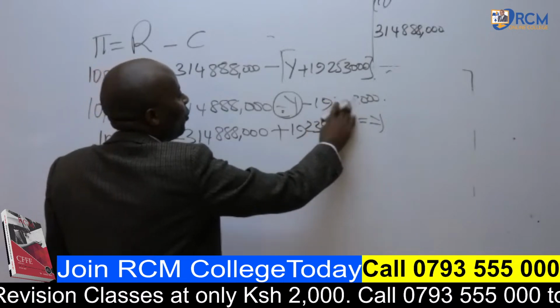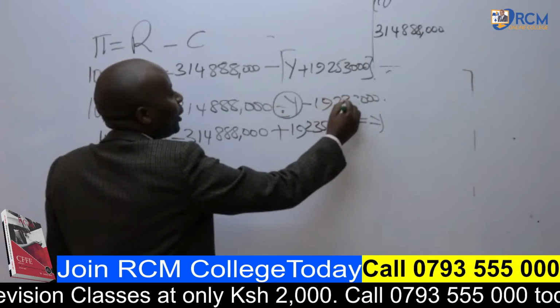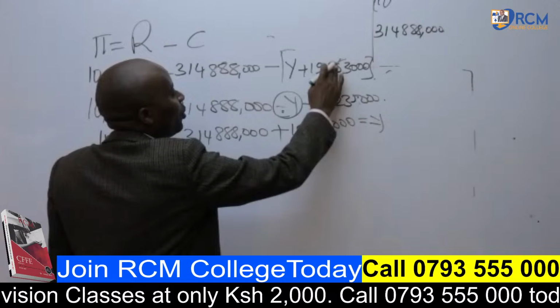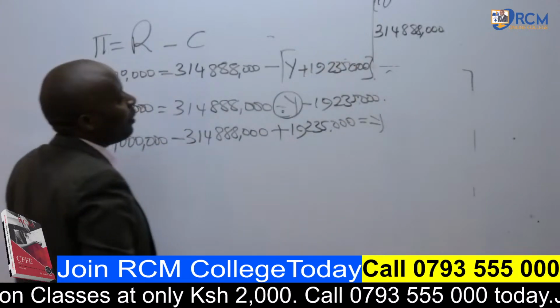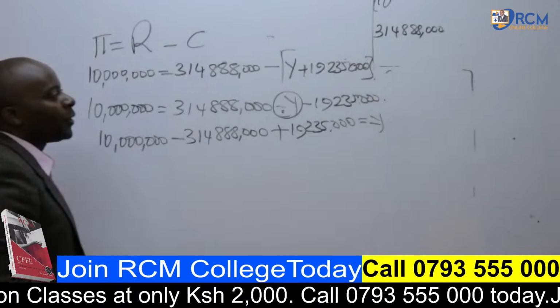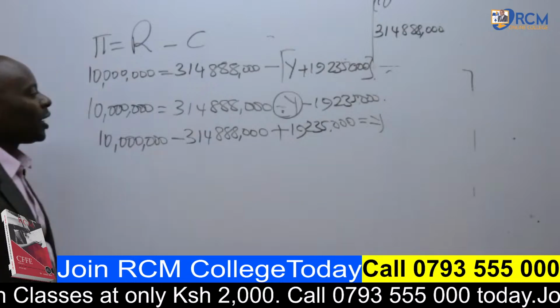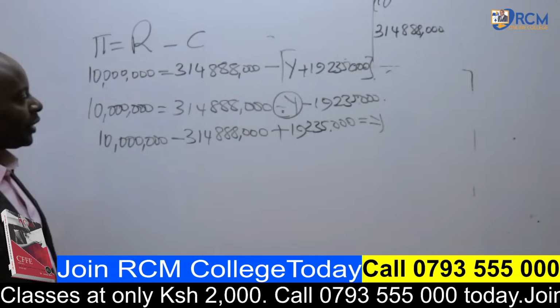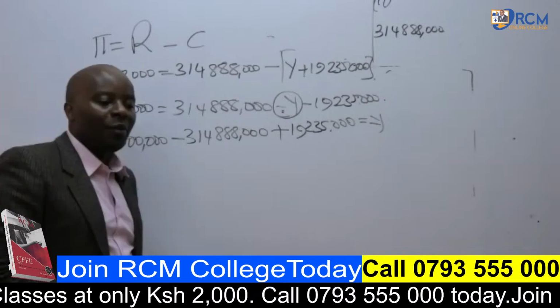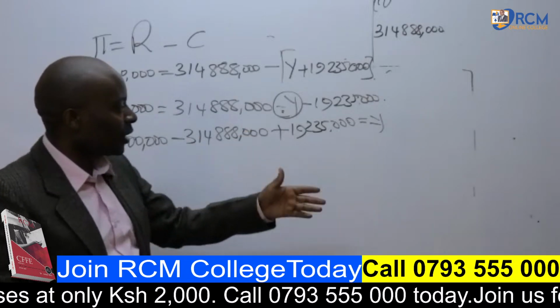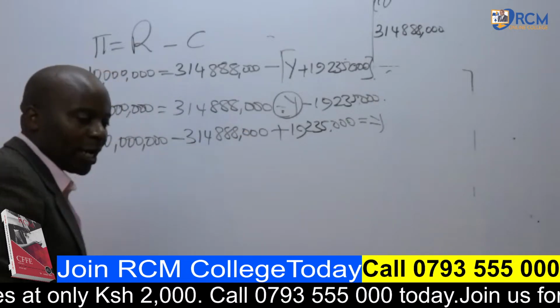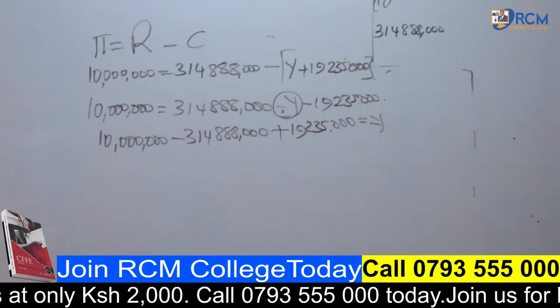So all over change 19,235,000. And then you make now y the subject of the formula. If you make y the subject of the formula, at the end of the day, you'll be able to give us, of course, the negative will cancel out, giving us what figure of y, and I need to be very careful with my figures now.